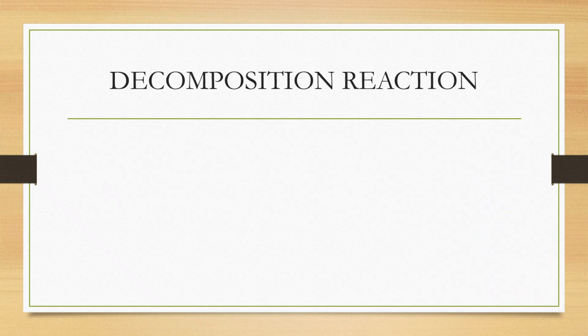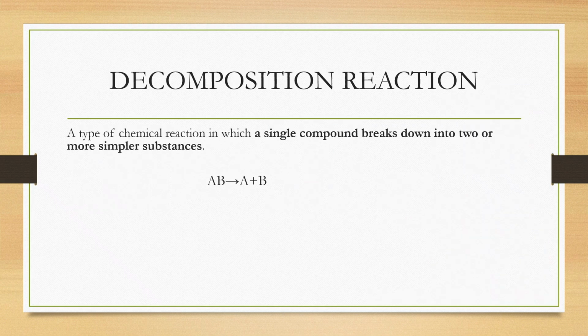Now we will be moving towards the next topic, that is decomposition reaction. This is also a very interesting topic, because this is also known as the reverse of combination reaction, because in decomposition reaction a single compound breaks down into two or more simpler substances.